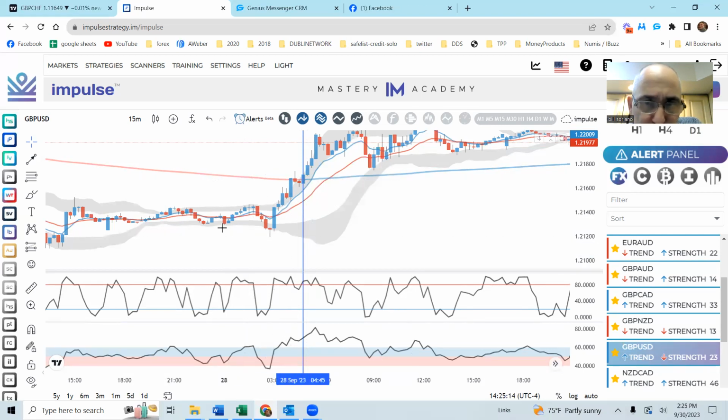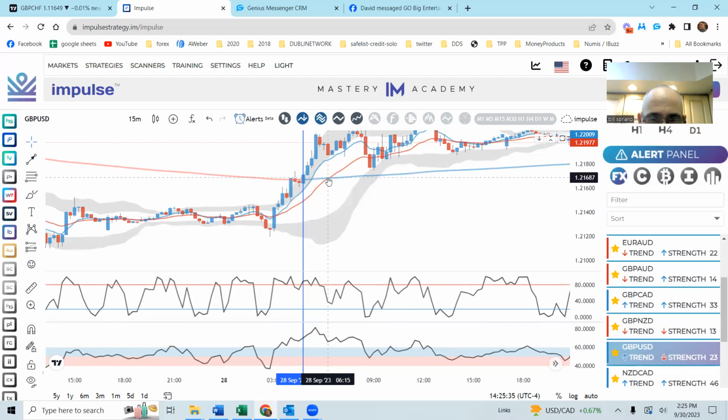Okay. And then right here, what happens is the blue line is now above the red line. That's your secondary trend, right? And so when that blue line is above the red line, that's a bullish indication. So now we have two blues, right?